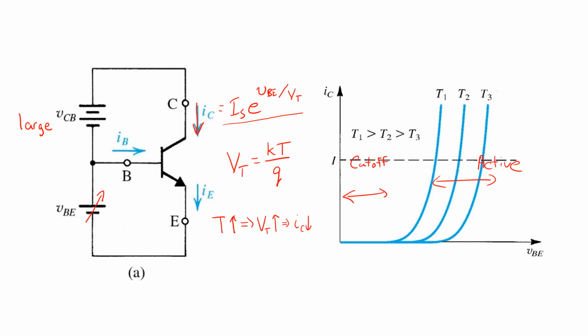So the result is the plots shown over here on the right, where we see for T1 greater than T2 greater than T3, that is, as we increase temperature, the exponential relationship shifts to the left.